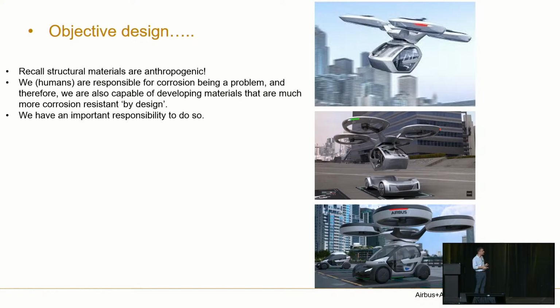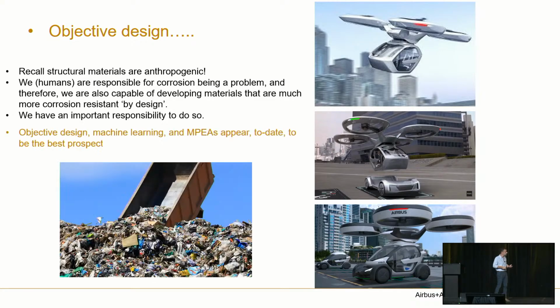So if we remember that materials are anthropogenic, we're responsible for their properties, because we make them, even their bad properties, like corrosion, we have an important responsibility as well. So by using objective design, our mission is that by using machine learning, we'll be able to really start to close the gap on the circularity loop and start to design materials with waste material in mind.